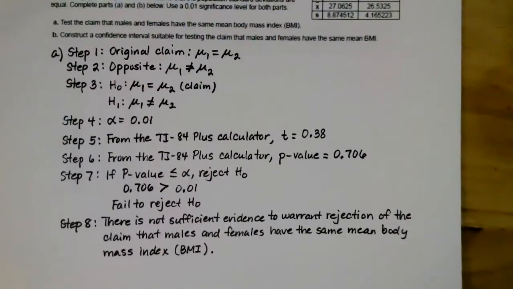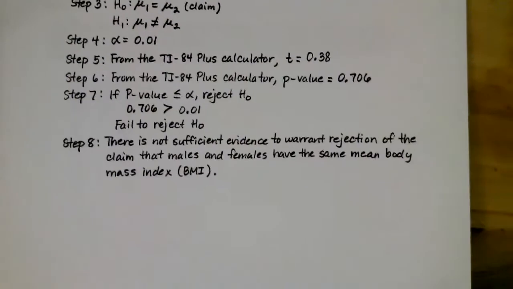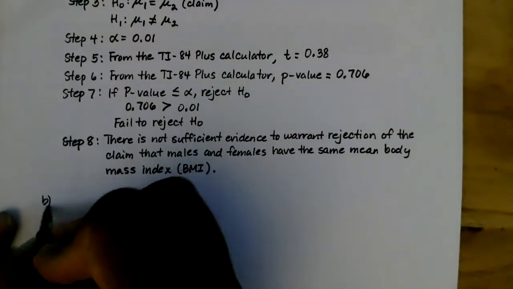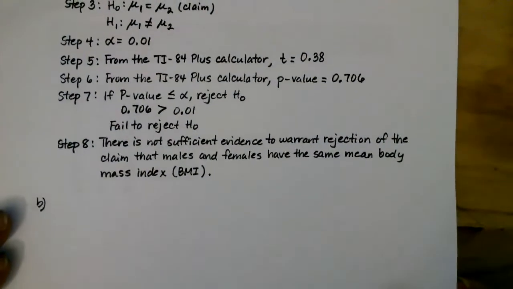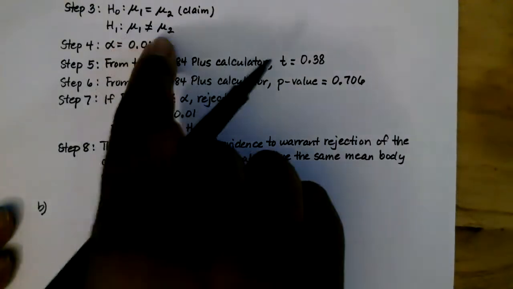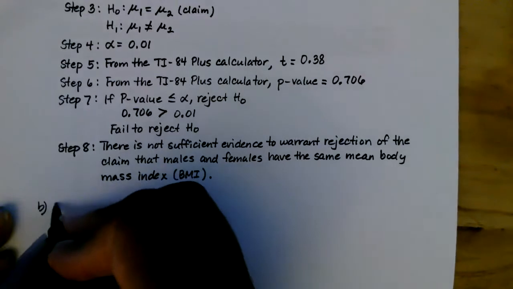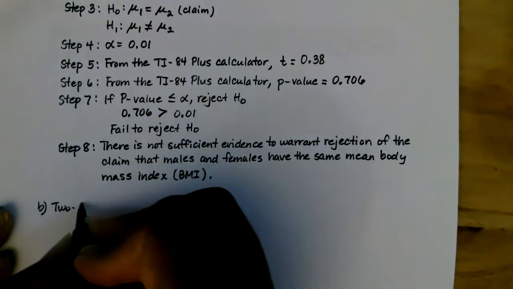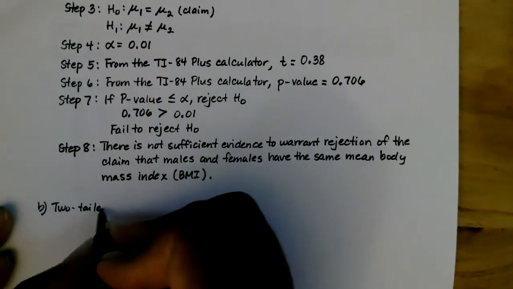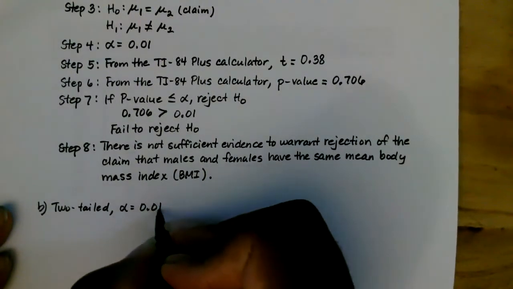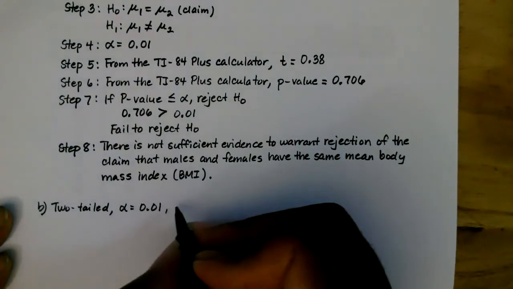And now part B is to construct a confidence interval suitable for testing the claim that males and females have the same body mass index, or the same BMI. If you look at the alternative hypothesis in step 3, you see not equal to. That means we have a two-tailed test. The alpha level there is 0.01.